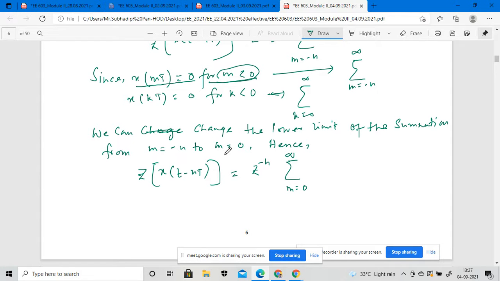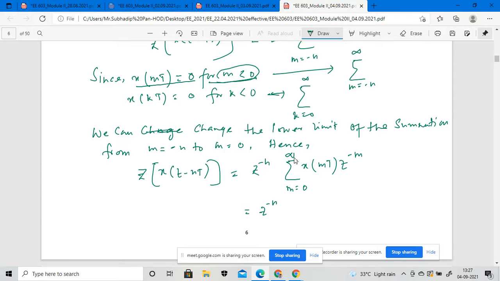After changing it, it is m equals 0 to infinity, x of mT, z to the power minus m, right? So from there comes z to the power minus n.